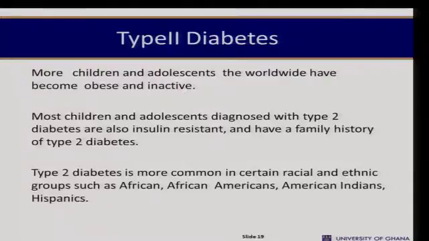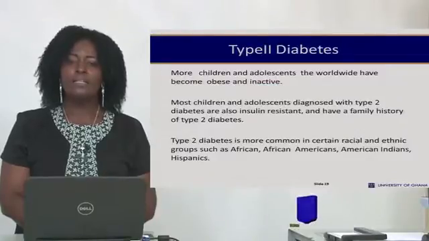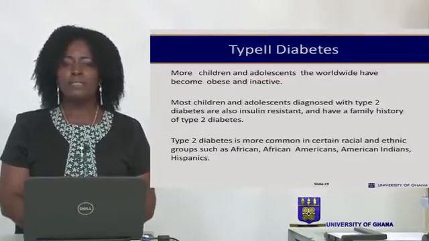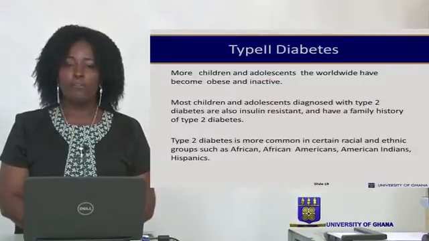Type 2 diabetes. We're saying that more and more children worldwide are having this diabetes as a result of lifestyle, and also because of insulin resistance, because children are becoming very obese and are having more than the insulin secreted by their bodies can take care of.